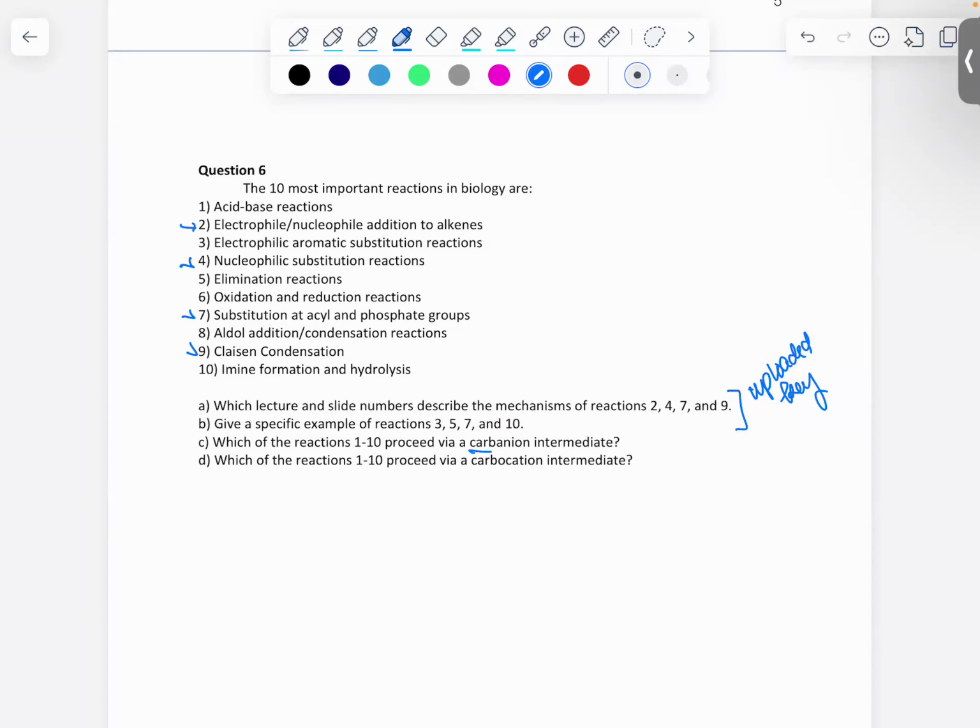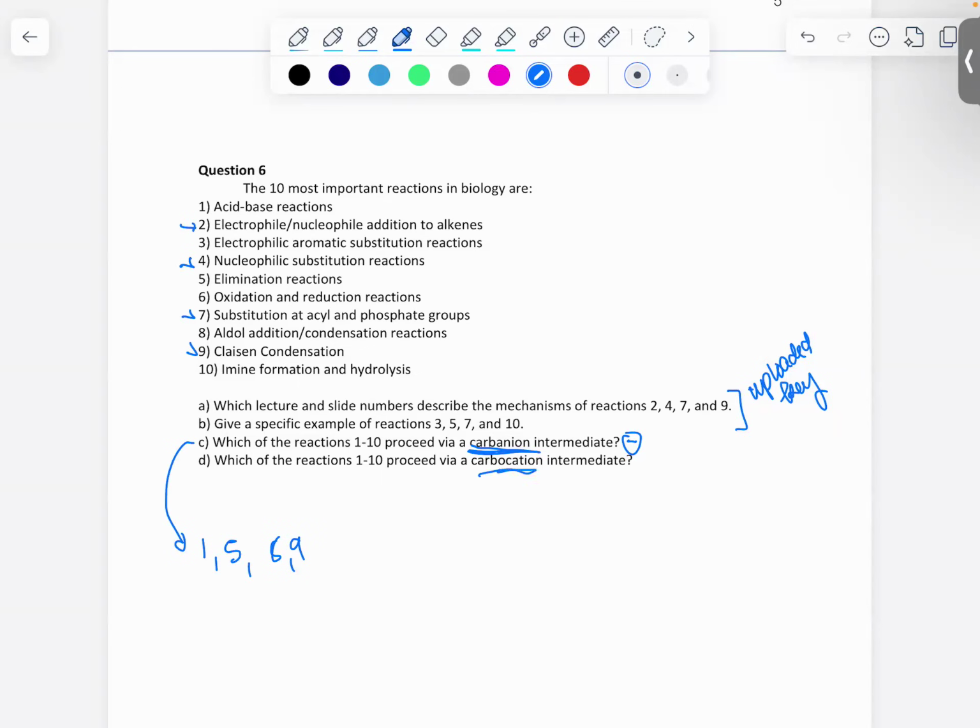looking at which have a carbanion intermediate, those are ones that have a negative carbon. We can identify acid-base chemistry, elimination reactions, aldol reactions, and Claisen reactions.